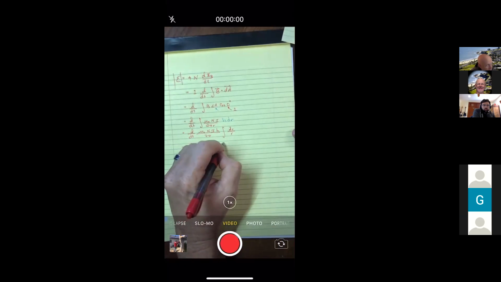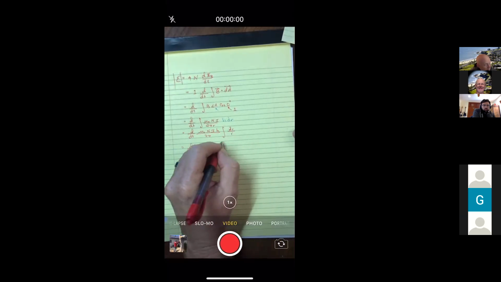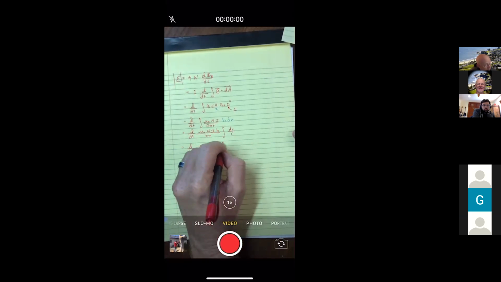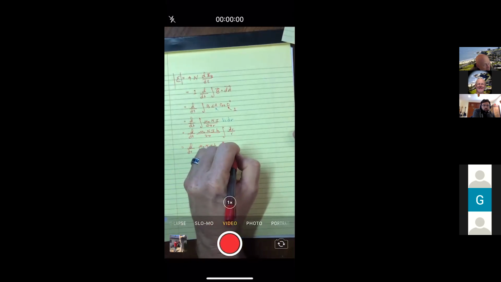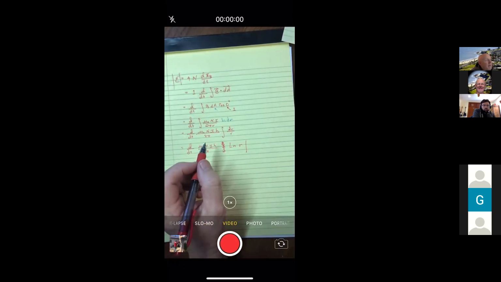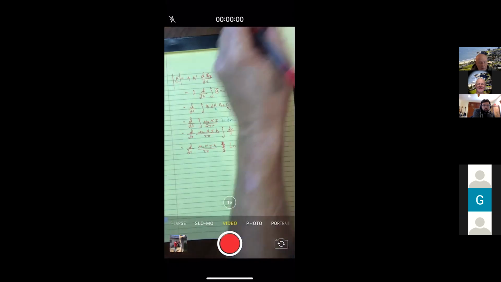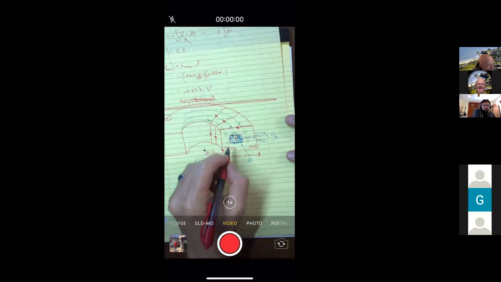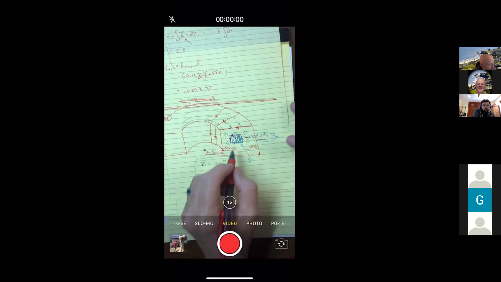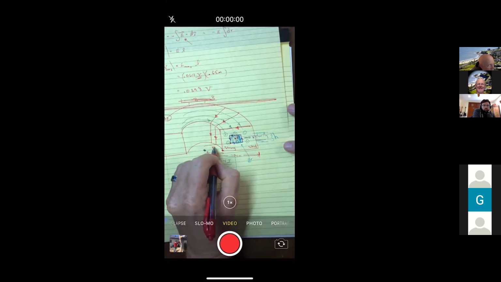This integral of dr over r. Actually, maybe I'll just do the integral because that's just the natural log of r. And I should put my limits here, but it's also moving along. So why don't I say that at some moment in time, this edge is a distance r away.